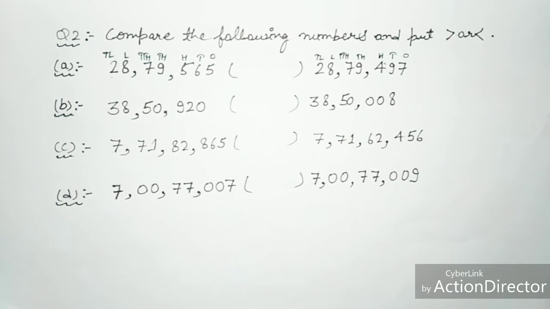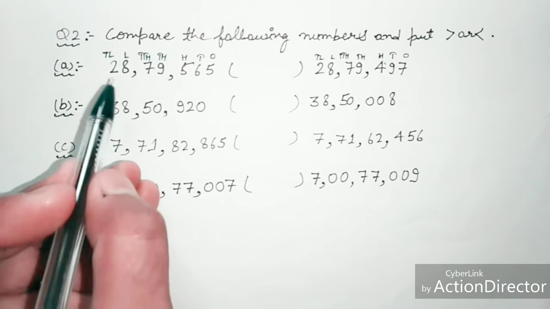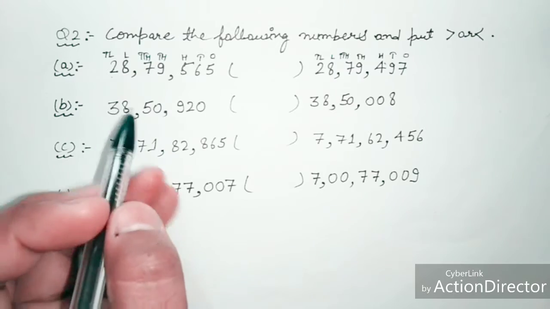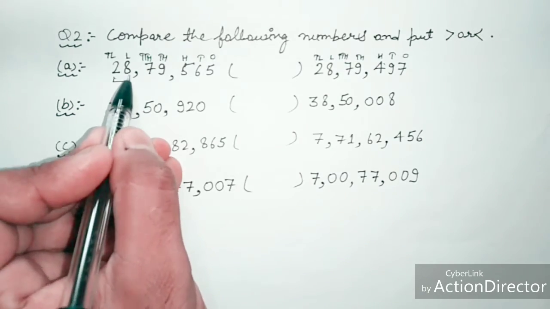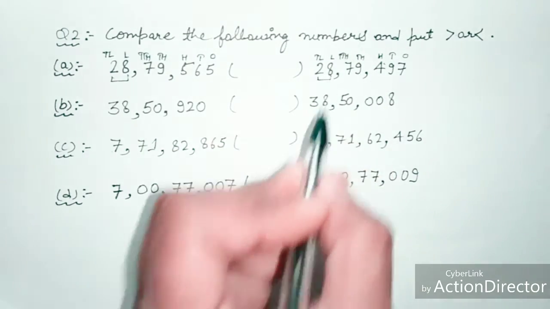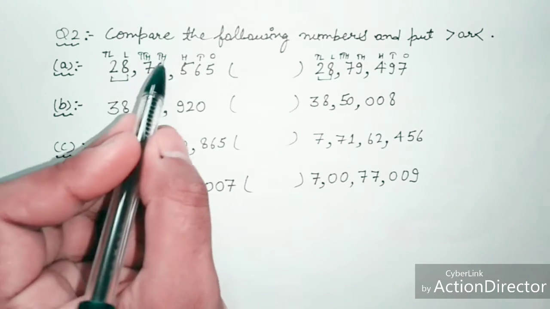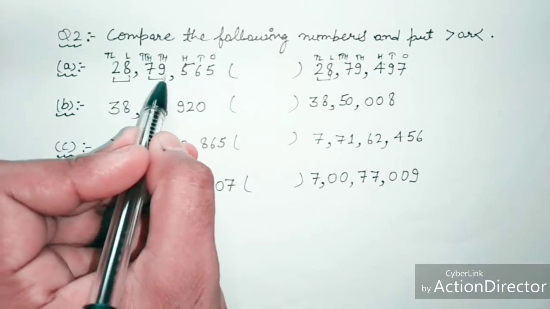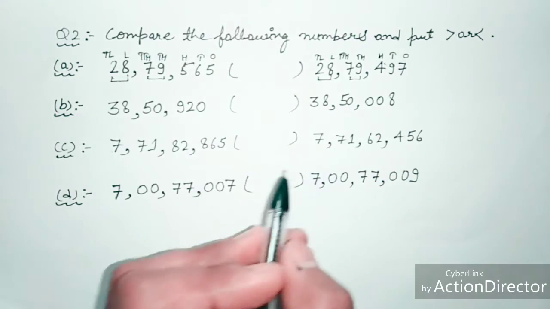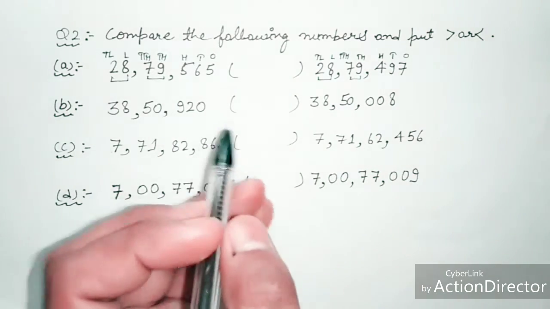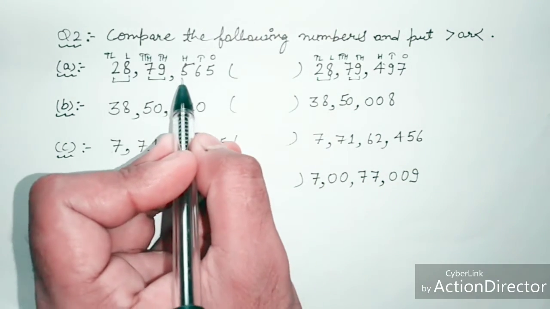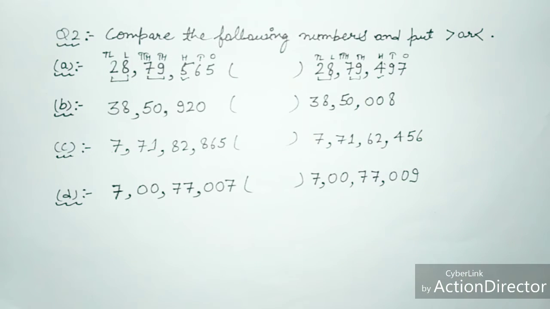So first we compare place values in 10 lakh places. So these both numbers are same, 28 and 28. In 10,000 places both numbers are same. Now in 100 place, this number is 5 and this number is 4. So these both numbers are different.